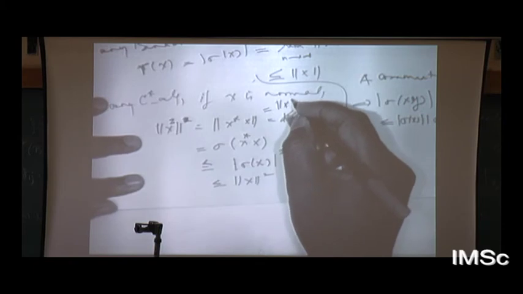So I could have avoided this by just saying that this is equal to norm x squared by the C star identity.